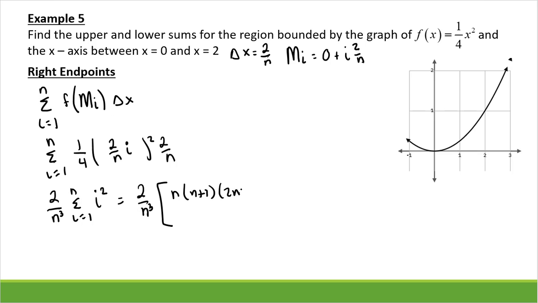So again, this is a formula that's going to help us find the area depending on the number of rectangles we have. Okay, so let's talk about what all this means.